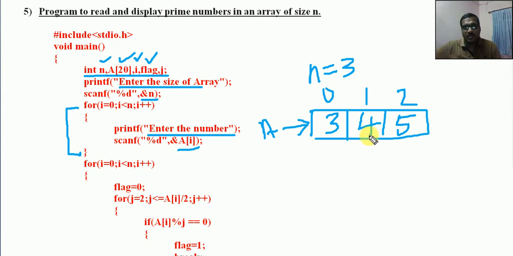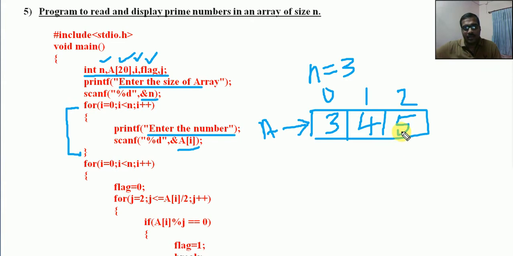Now let us see 4. 4 is divisible by 1, it is divisible by 4 itself, but it is divisible by 2 also. So 4 does not come under prime numbers. Okay, then 5, what about 5? 5 divided by 1, that is correct. 5 divided by 5, that is there.